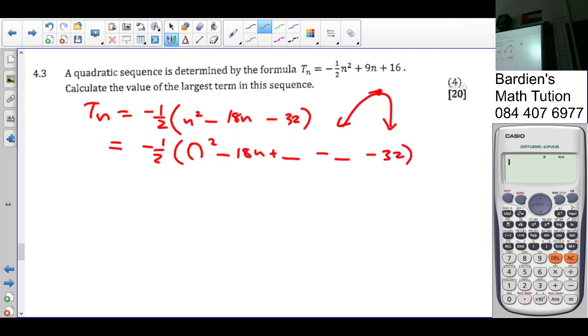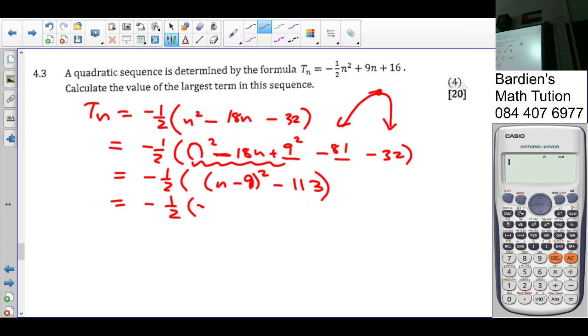So it's going to be 18 times half, which is 9, and 9 squared is 81. So it's going to be negative half into, there's my perfect square trinomial, n minus 9 squared minus 81, and 32 plus 81 is 113. So multiply negative half in, so it's negative half into n minus 9 squared plus 113 over 2.